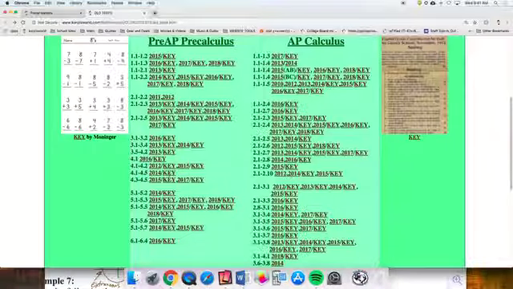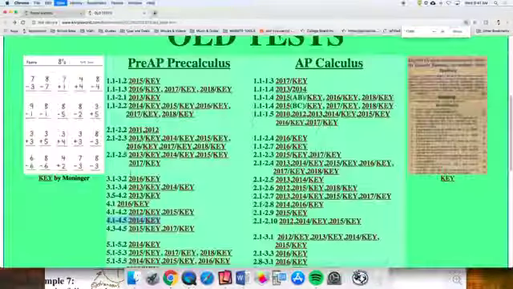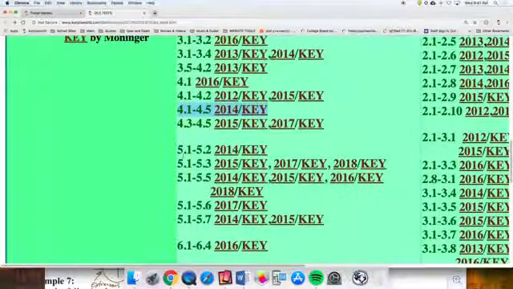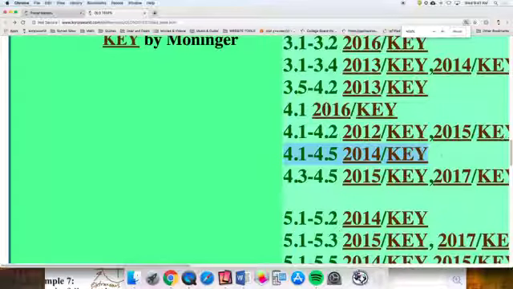Everyone see that? There's only one from 4.1 to 4.5. Forget about the free response, though, because it's different. You know what it's going to be, but the multiple choice on here is good to prepare with, okay? I had that in front of me when I made the test. Have a great day.